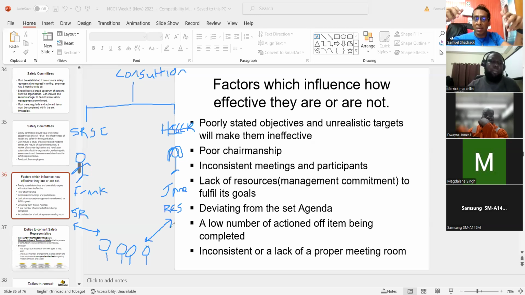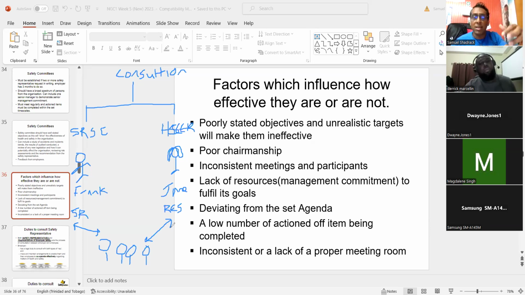Like if there's a change in technology, they are the ones to inform the workers. A change to the working time, an extra hour of work, these are the people that are going to talk to the workers. If the workers want better PPE or an increase in salary, there's a mechanism set up by the SR and the representative of employee safety to bring the information to the employer.